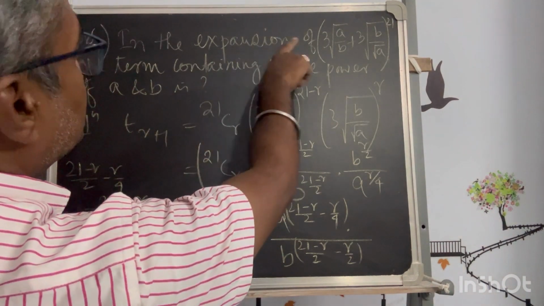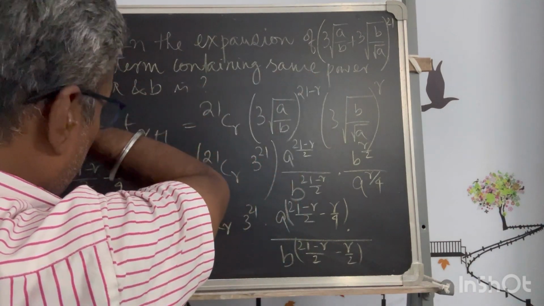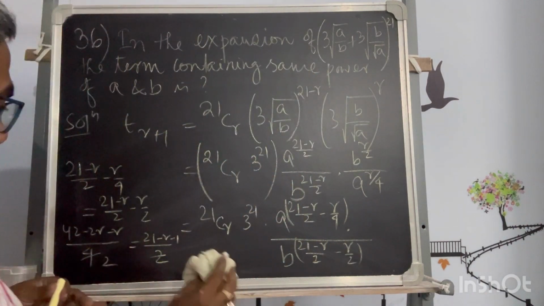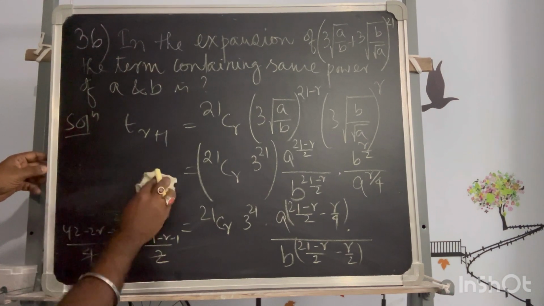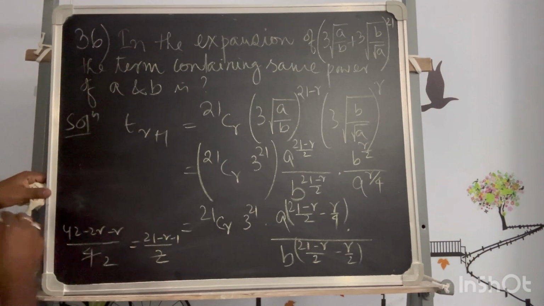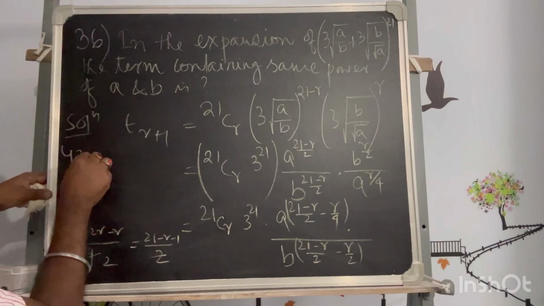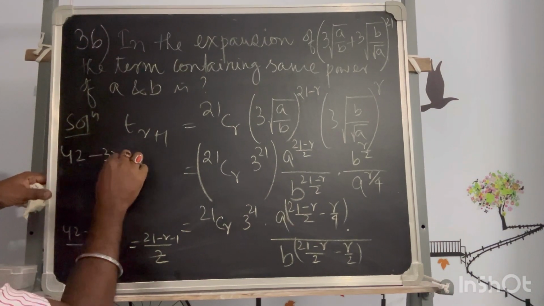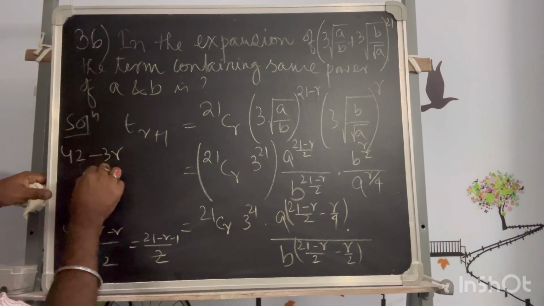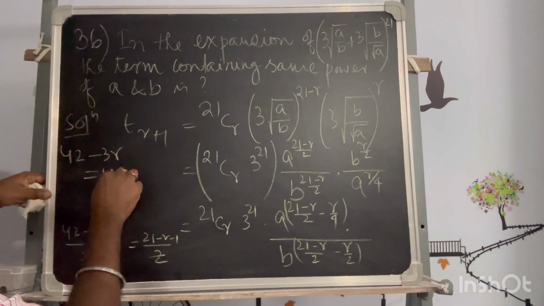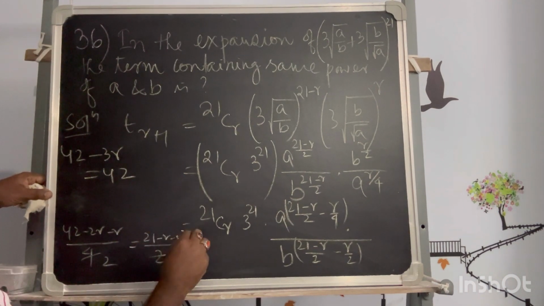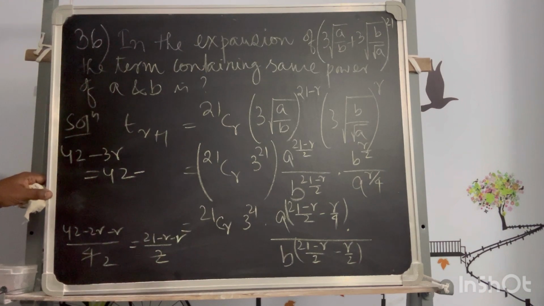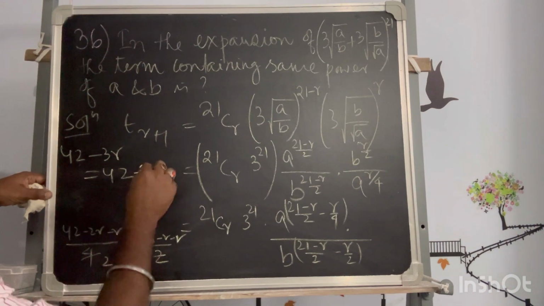what you have to find is the term in the expression. So anyhow I will get the term. So I will rub the upper part for calculation. Now this will become 42 minus 3r this side, and this is equal to 2 into 42 again minus r minus 2 into 2 is 4r.